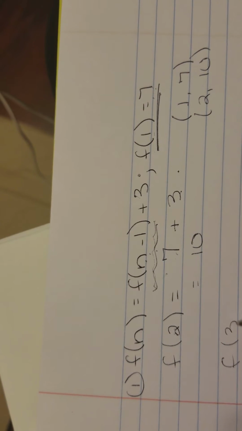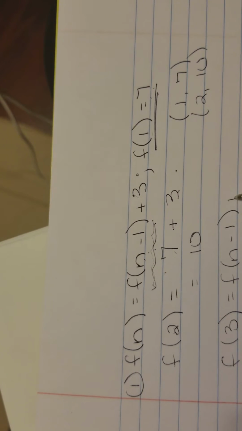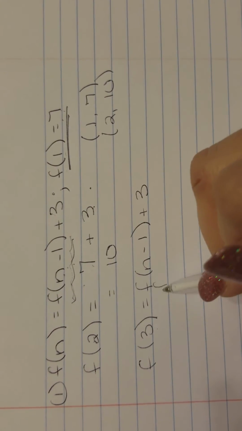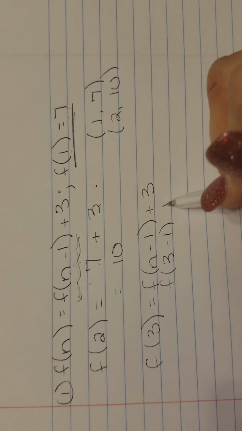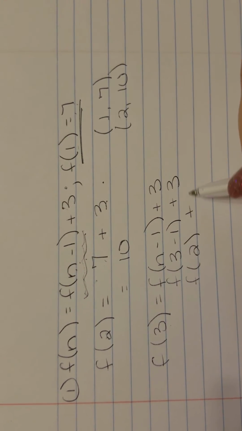So my f of 3 is going to be f of n minus 1 plus 3. If I plugged 3 in for n, I would see that I have f of 3 minus 1 plus 3 is f of 2 plus 3.